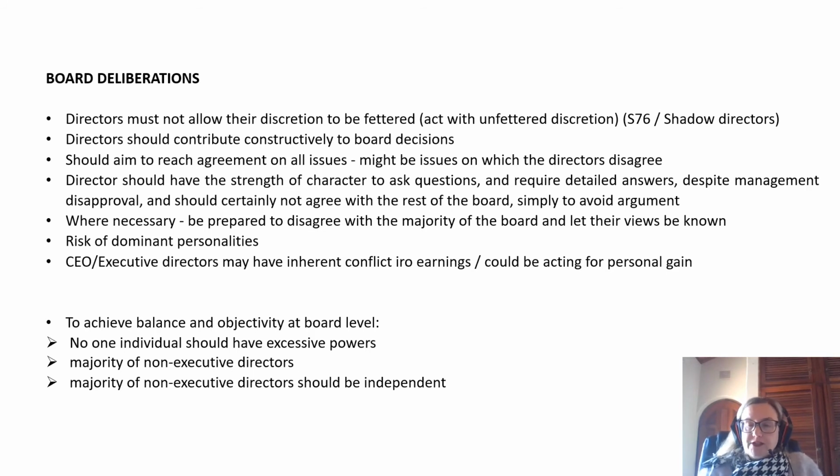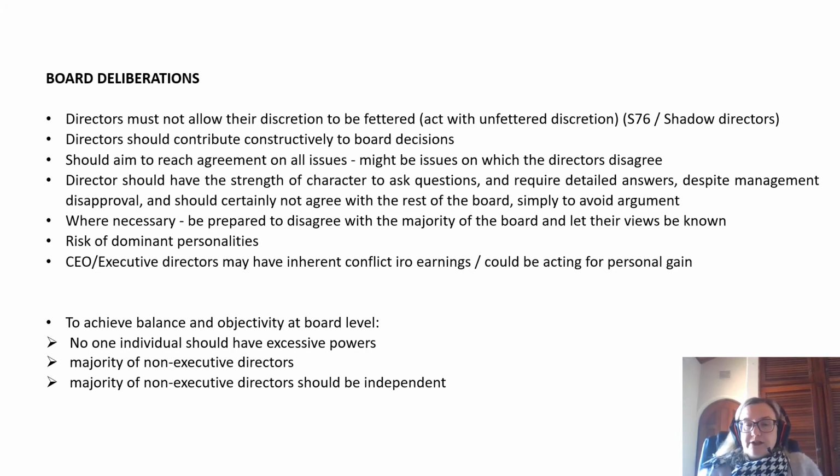So, in order to ensure that there is always this balance and objectivity that will create good discussion at board level, we need to make sure that no one individual has excessive powers. So, we don't give all the authority to one person. This is very useful to have non-executive directors around because they tend to balance out the interests of executive directors.